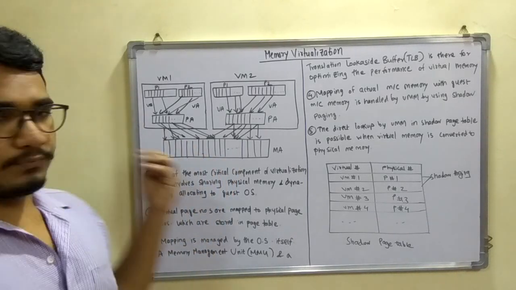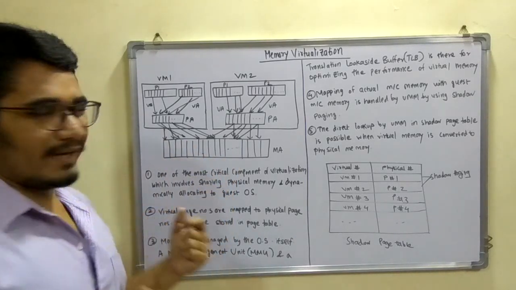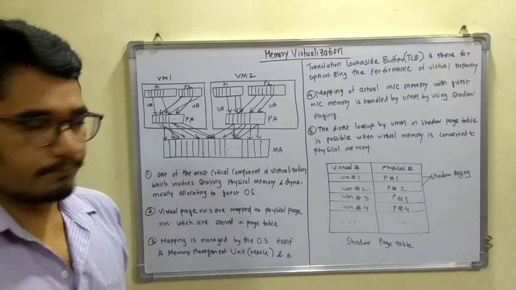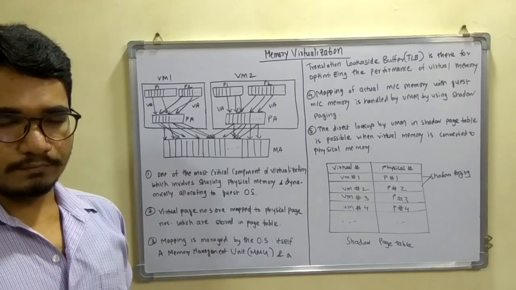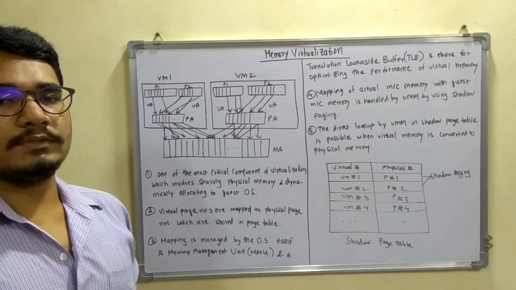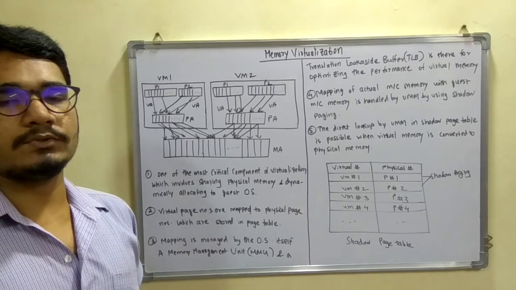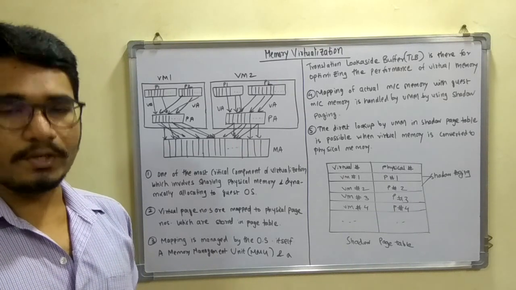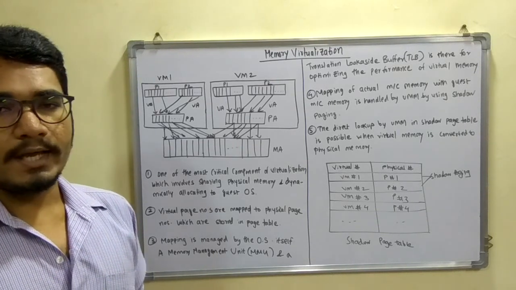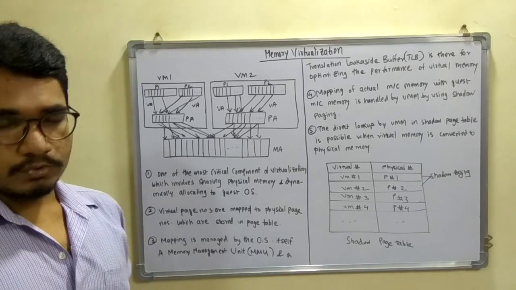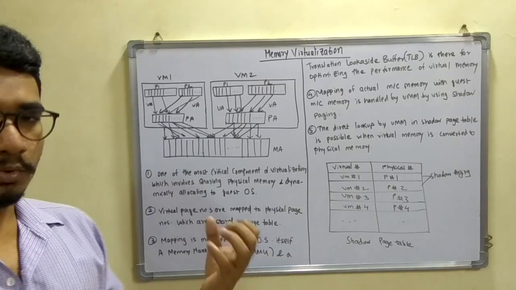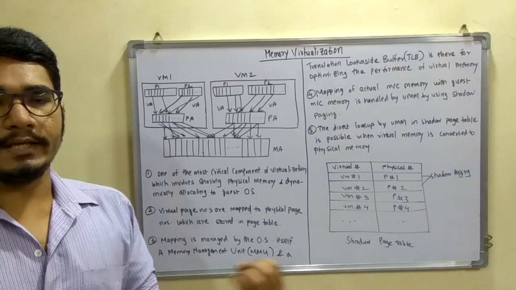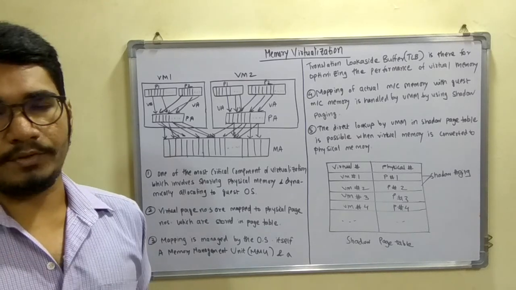Now let us first understand why memory virtualization is a must. As I said, the previous three virtualizations were important. Inside the hardware, it boils down to three components: first the memory, then the storage, and then the processor. For memory, we are discussing memory virtualization. Memory is the most critical component in any system or computer hardware.